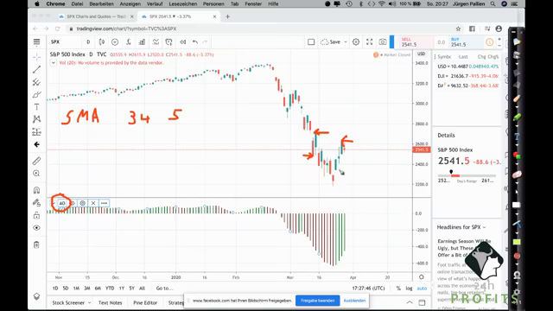Now the difference is that the AO doesn't calculate the closing price, it rather calculates the middle price, so the midpoint of these bars, and that's a little bit different from most other indicators.